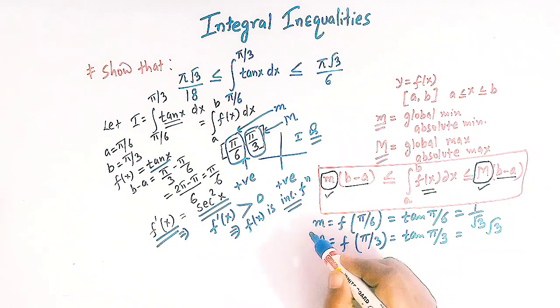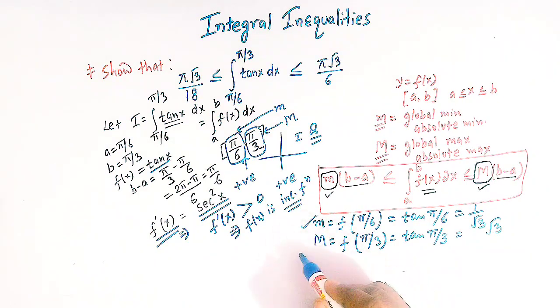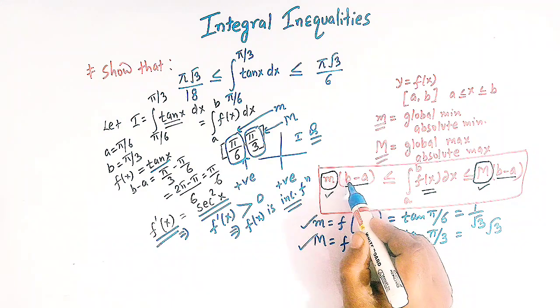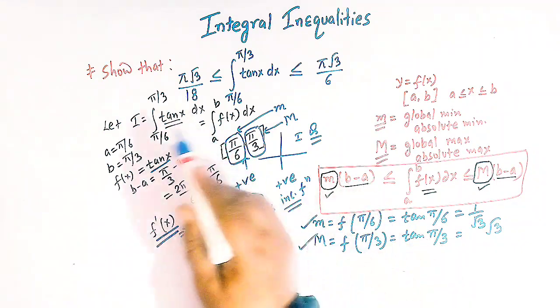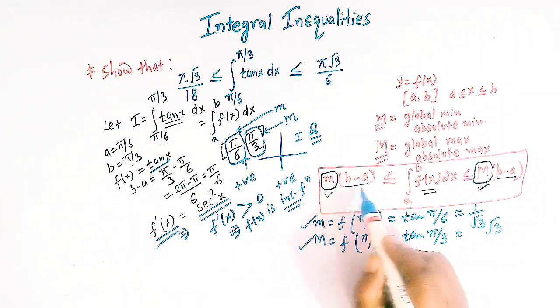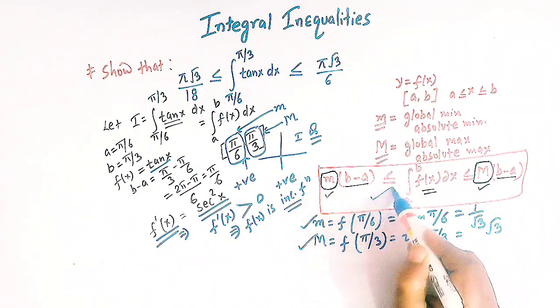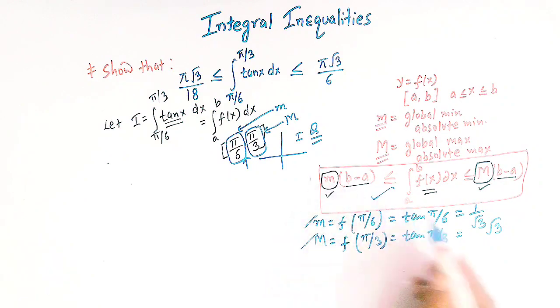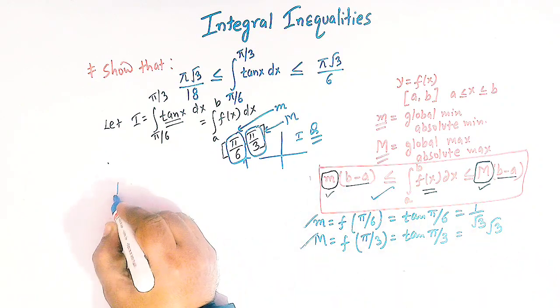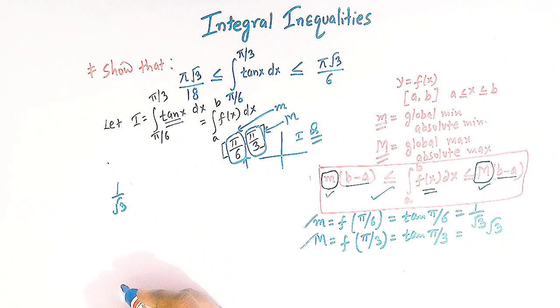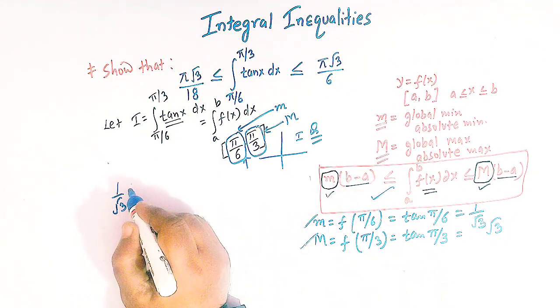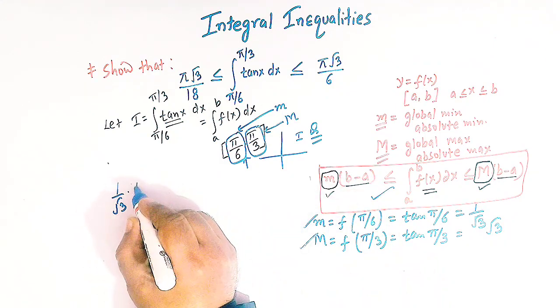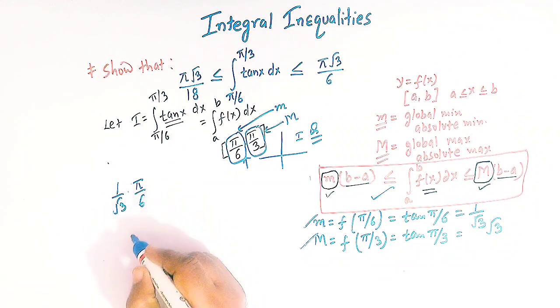So once we have obtained the values of small m and capital M and b minus a, let us substitute all relevant values in this inequality. So now we have small m as 1 over square root of 3. b minus a is equal to pi by 6, right?